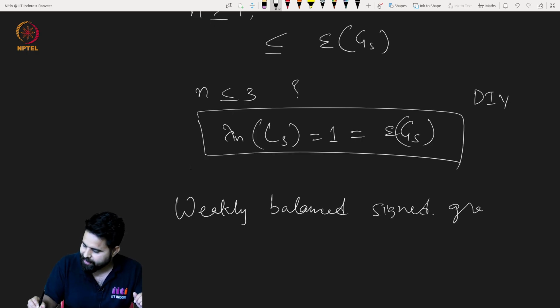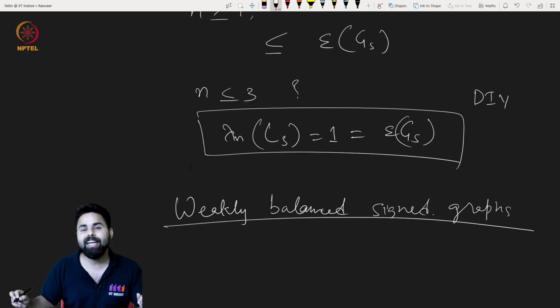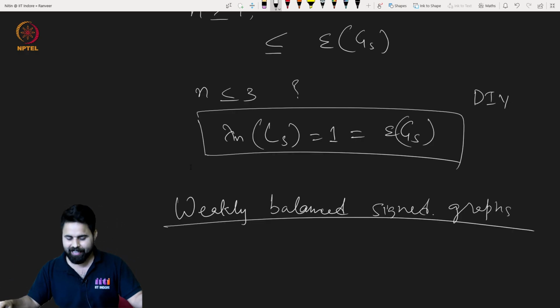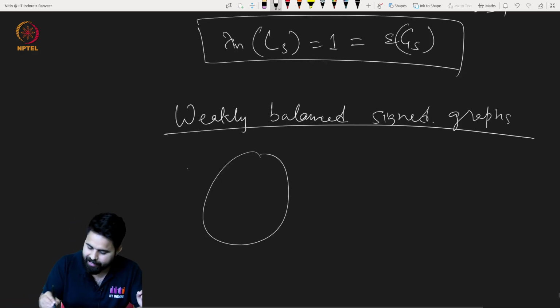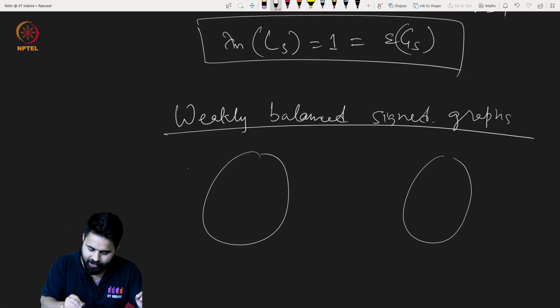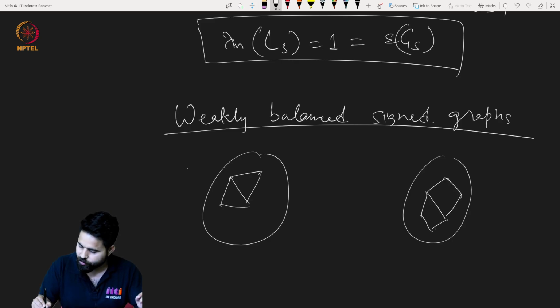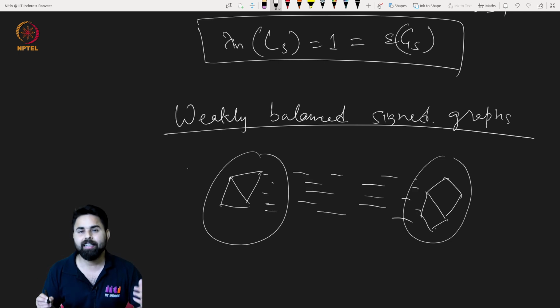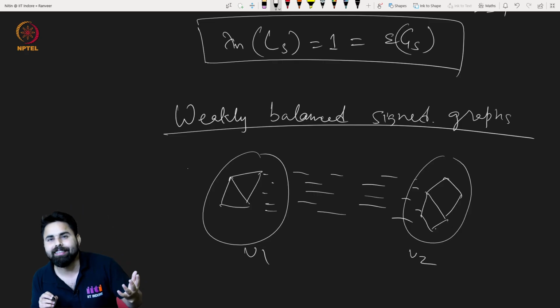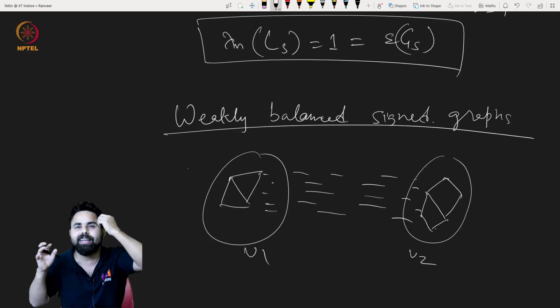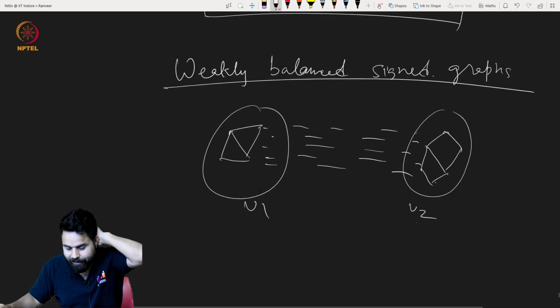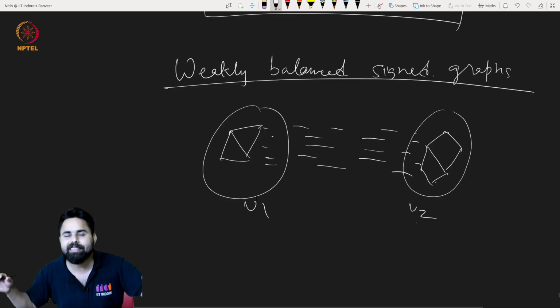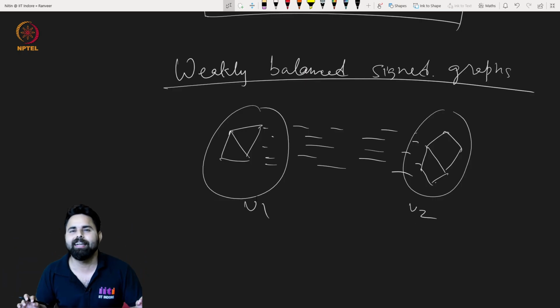Till now we have seen balanced signed graphs and unbalanced signed graphs. A balanced signed graph was like this: there were two partitions, V1 and V2, with positive edges inside each part. Otherwise it is unbalanced. There was a very nice characterization in terms of the eigenvalues, and also this is possible if and only if every cycle has an even number of negative edges.